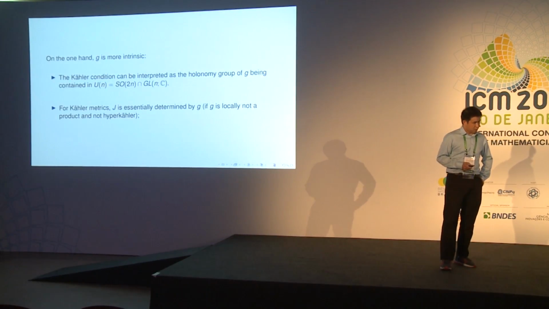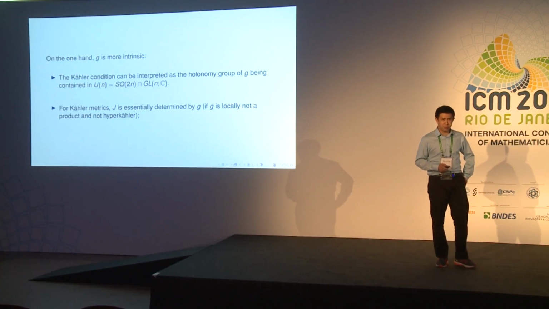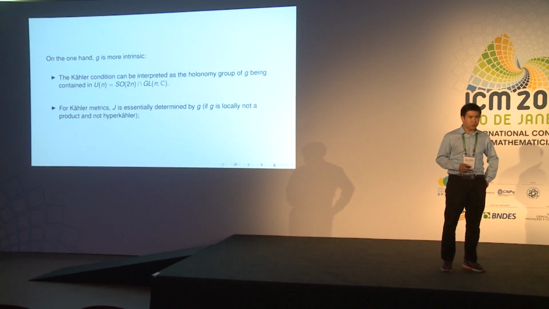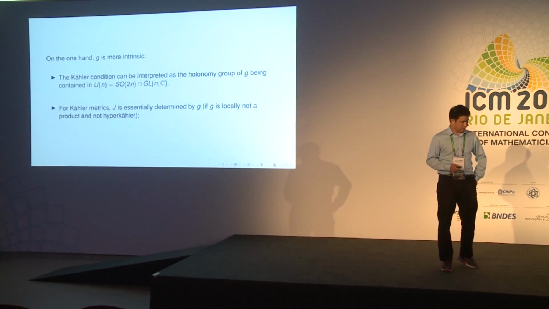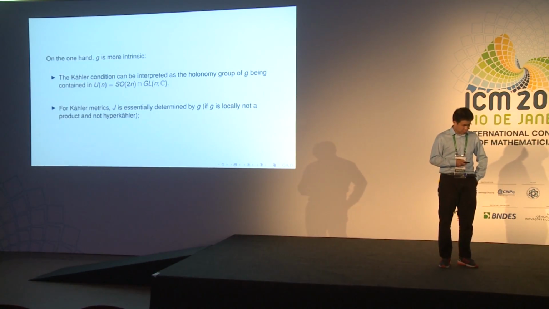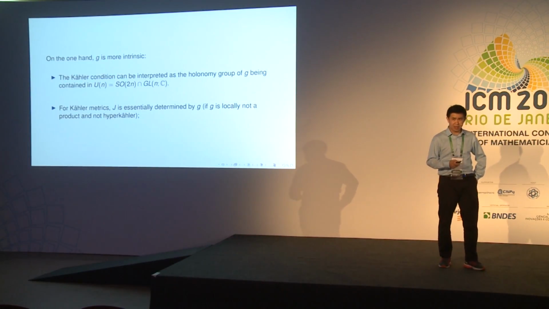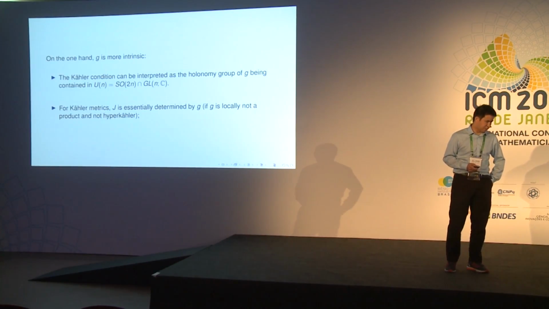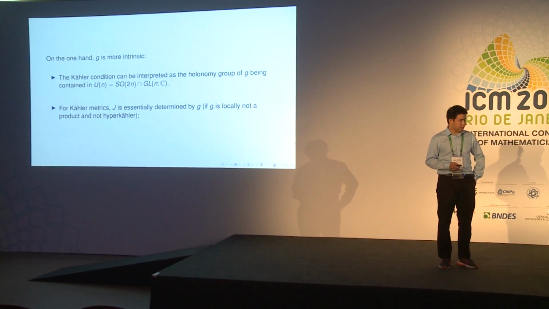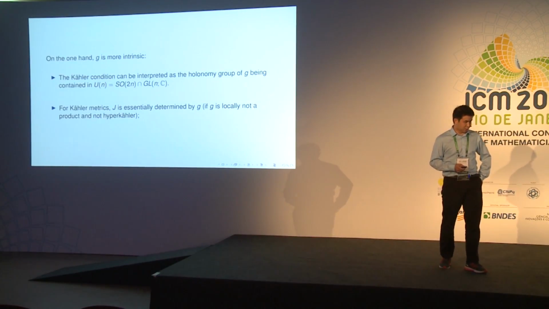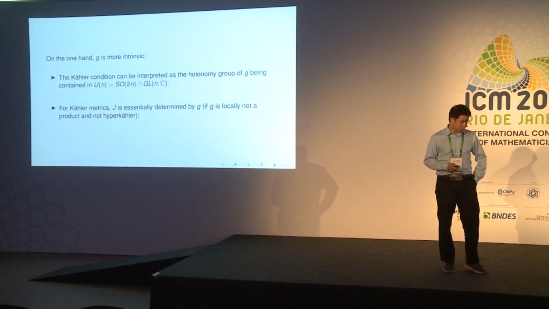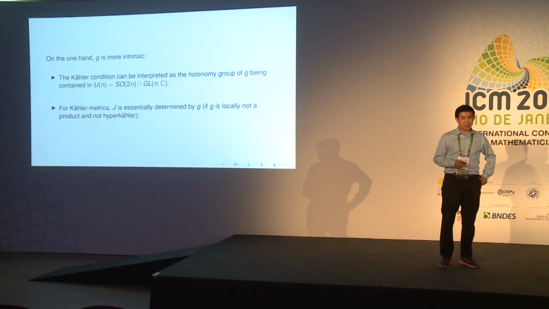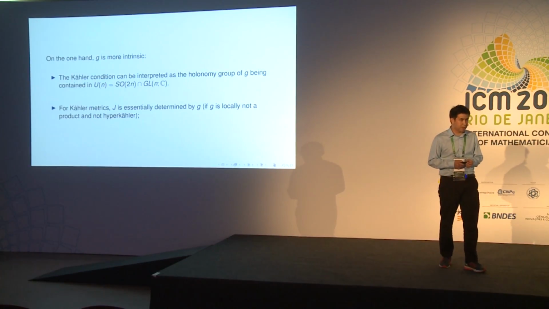For example, on the one hand, this Riemann metric is more intrinsic in the sense that this Kähler condition can be purely described as a condition on the metric itself. It's about the holonomy group of the metric being contained in the unitary group.